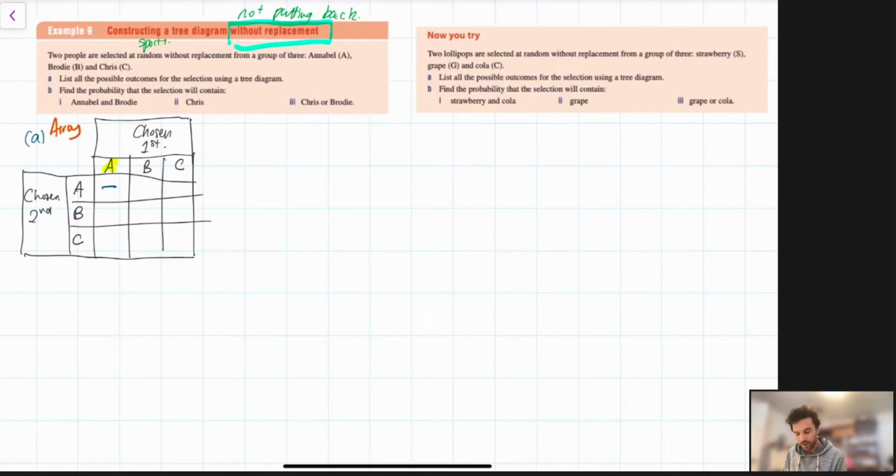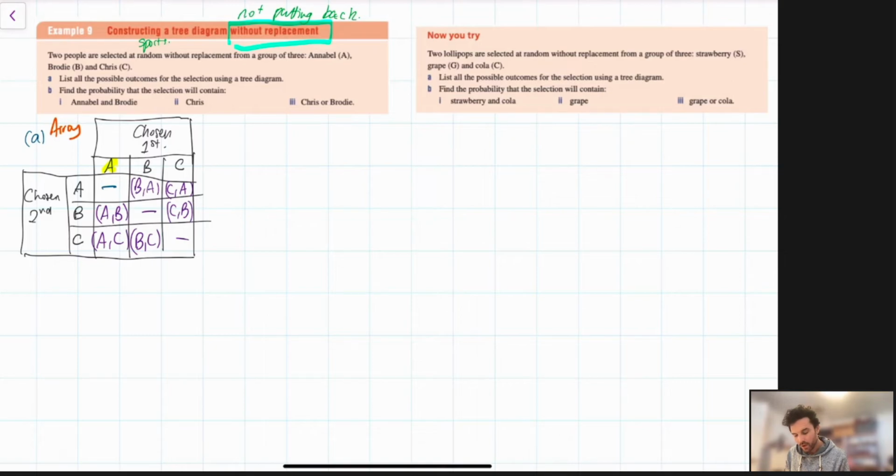We've got Annabelle Brody or Annabelle Chris. Okay, now we're going to keep going with this. Brody, Annabelle, we can't choose Brody, that doesn't make any sense. And then Brody, Chris. Keep going. Chris, Annabelle, Chris, Brody, and we can't choose Chris. So what we have there is we've just drawn our array or table to show this information.